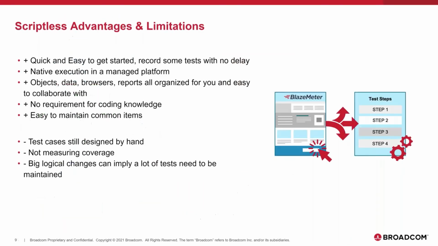So if we summarize the advantages and limitations, super quick, super easy, you can get a lot of really good quality, and you can automate yourself extremely quickly in a collaborative way that's easy to maintain, and it's scalable, and it's in a managed platform, and you can link it to test data, mocks, all different browsers, really good reporting. So if you're going from poorly automated or manual to this, it's night and day.